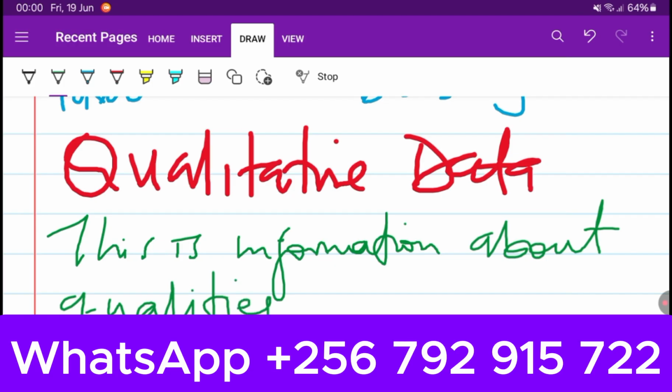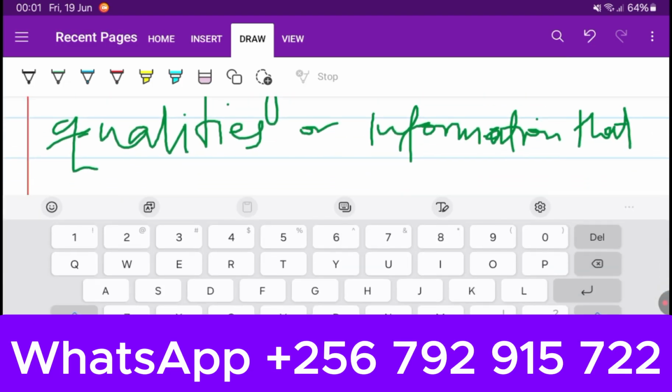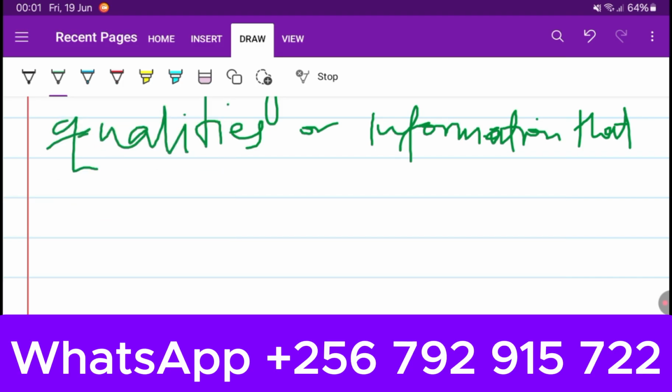The other one was about quantities. This one is about qualities, or information that cannot be measured.